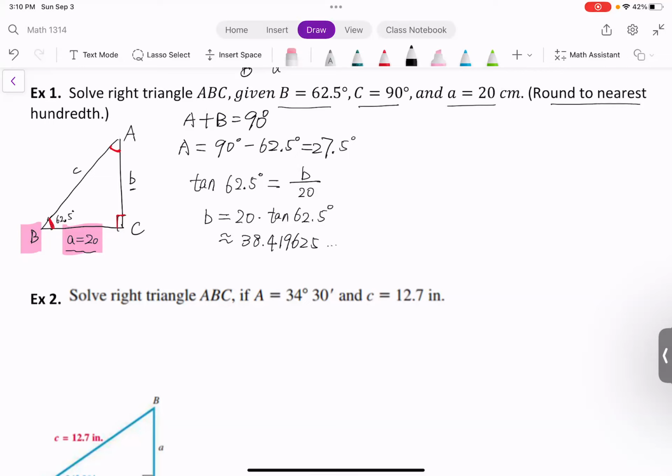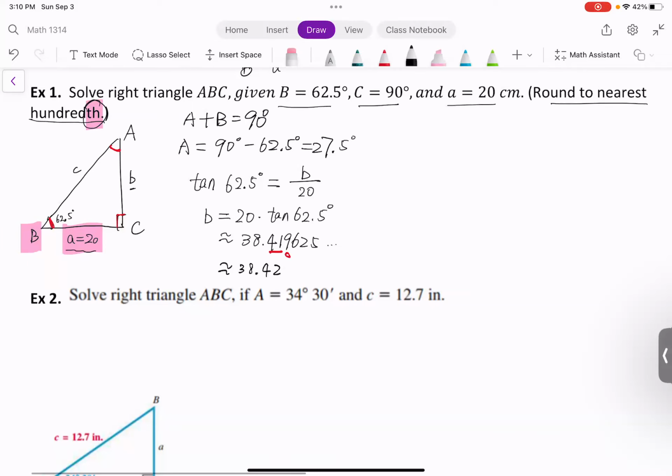The question says round to the nearest hundredth. This means you need to keep 2 decimal places. The third one is 9, which is greater than or equal to 5, so I'm having 38.42. The unit is centimeter, cm. So we found b.